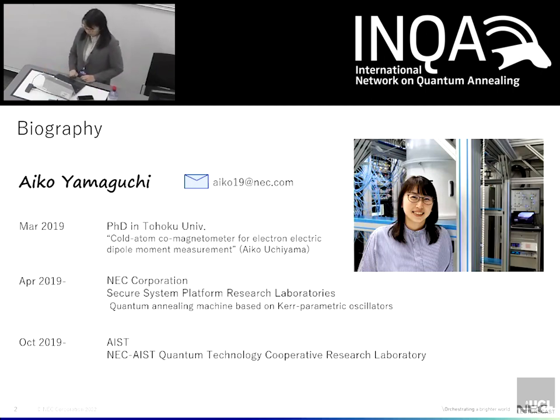After I finished my PhD, I joined NEC and started to work on the project of quantum annealing machine based on a Kerr-parametric oscillator. Since October 2019, I'm concurrently working at AIST. My research interest is quantum annealing machine and superconducting quantum circuit, especially Josephson parametric oscillator.